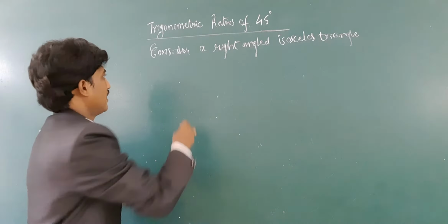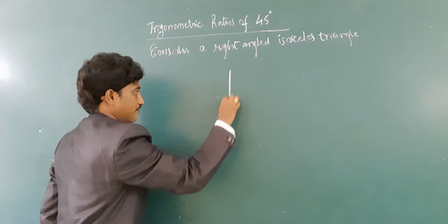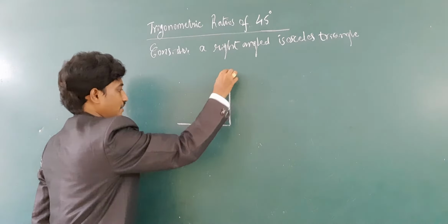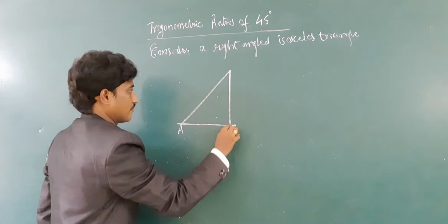I am taking a right angle isosceles triangle ABC. Right angle is at B.